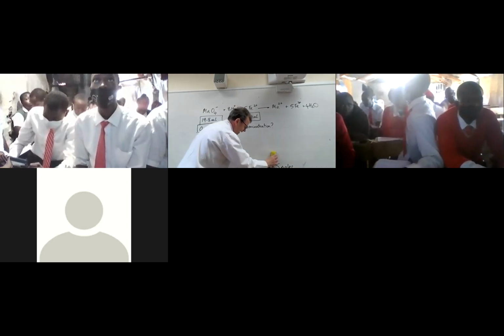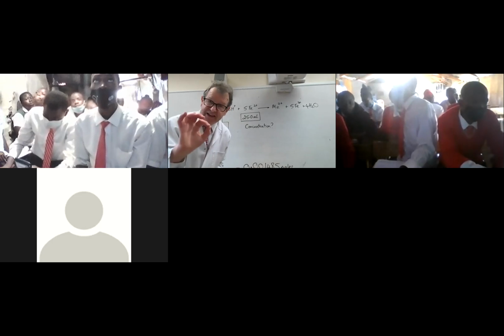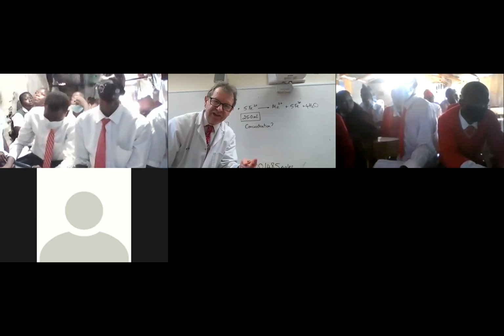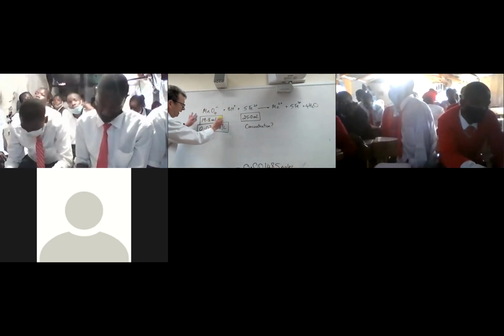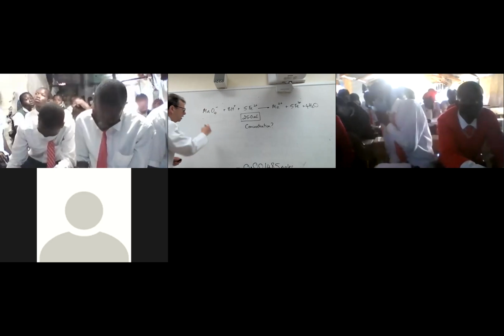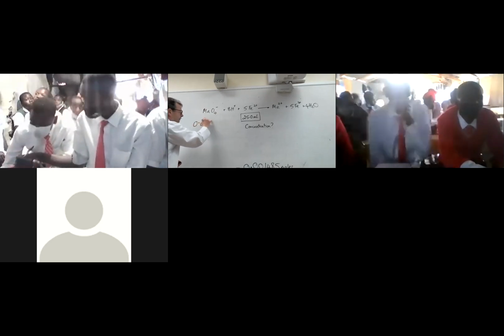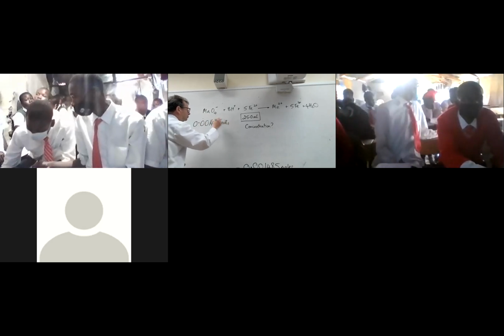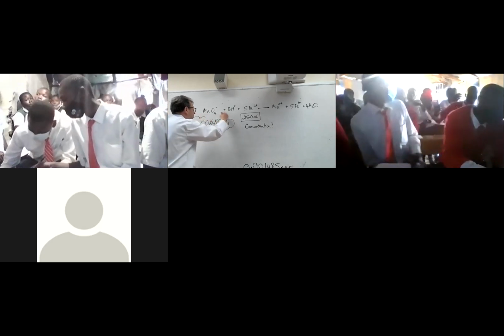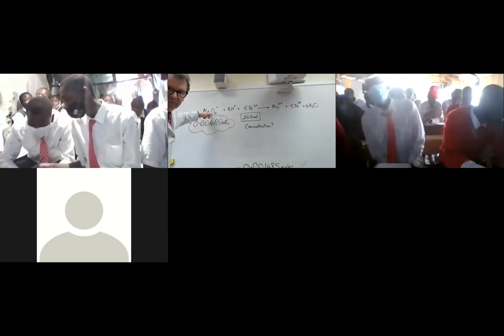The second stage, and often in the question, they will ask you specifically, they will say, find the moles of this one, then tell me the moles of that one, and so on. So now I can get rid of this. I have used this. I now know I have 0.001485 moles of permanganate.